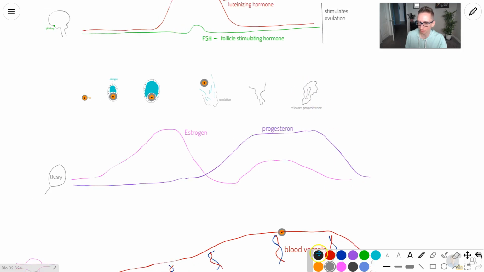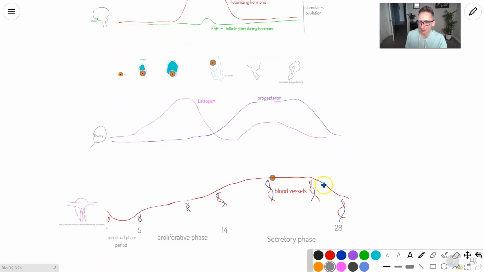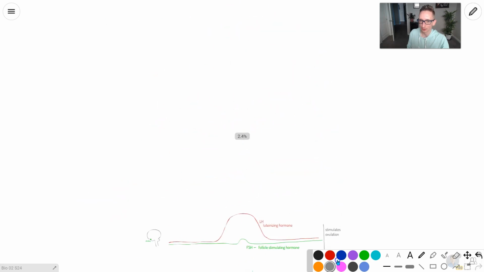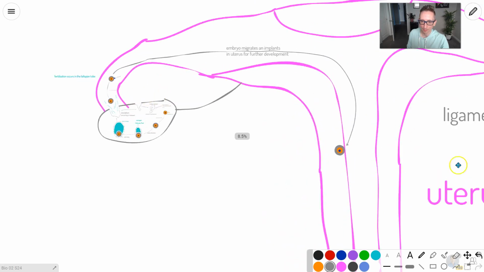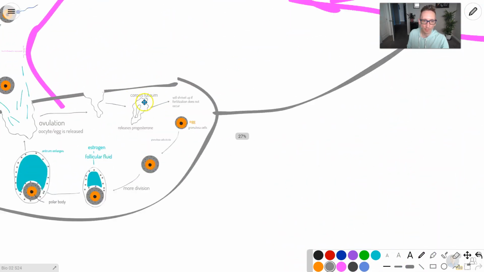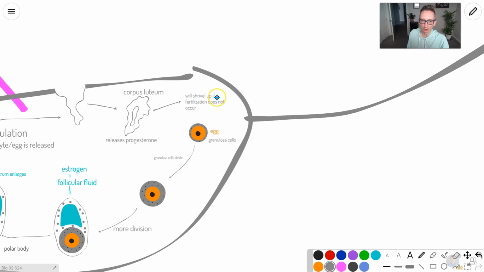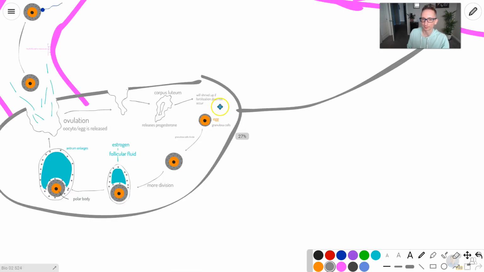It'll keep releasing progesterone to maintain this endometrium, and the placenta will develop. Okay? But if implantation never occurs, the corpus luteum will shrivel up if fertilization does not occur.